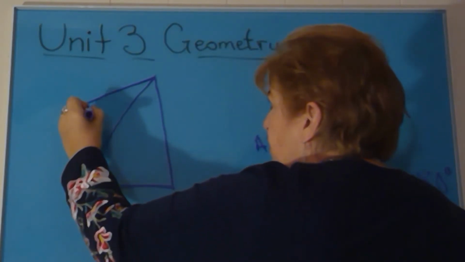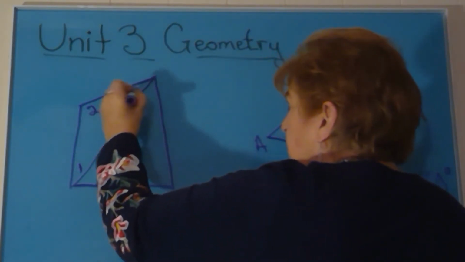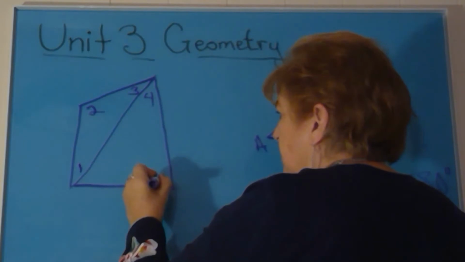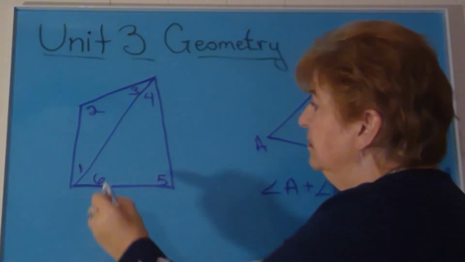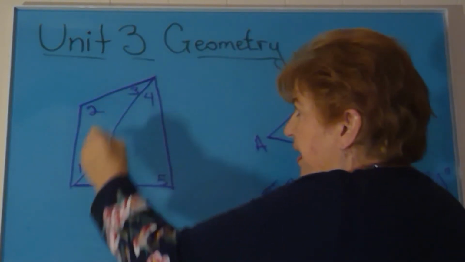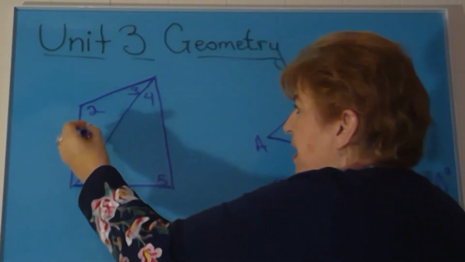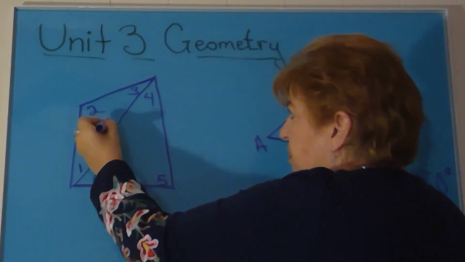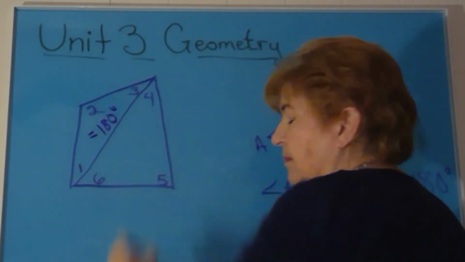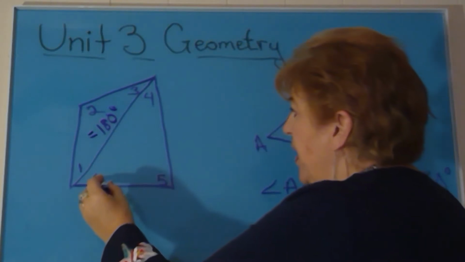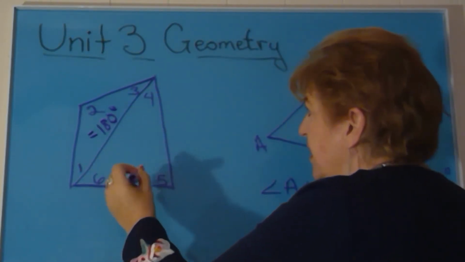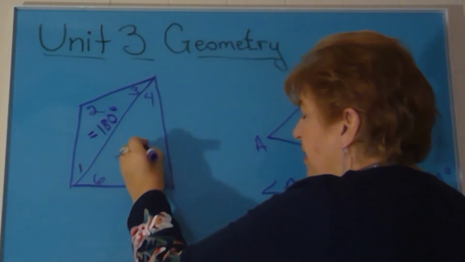And if I label the angles, the angles in this triangle, angles 1, 2, and 3, they have to add up to 180. The angles in the other triangle, 4, 5, and 6, those have to add up to 180.